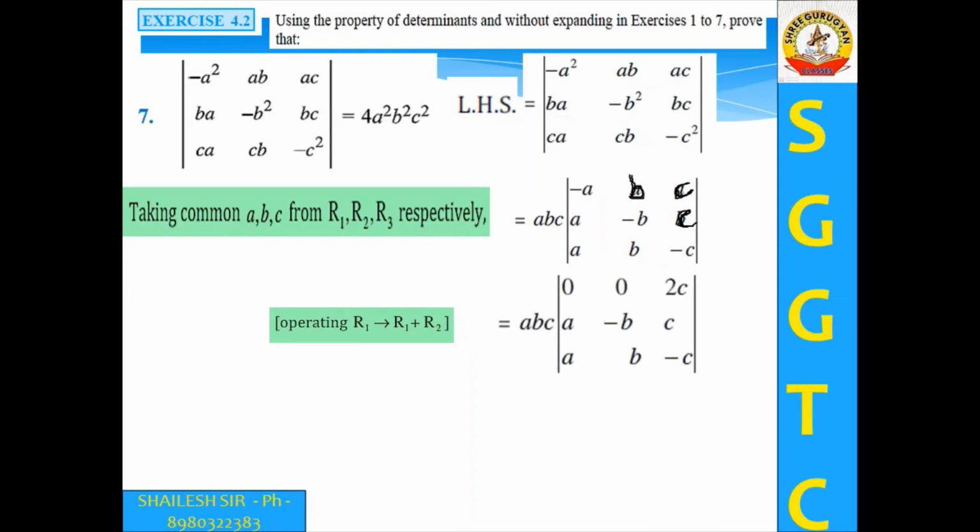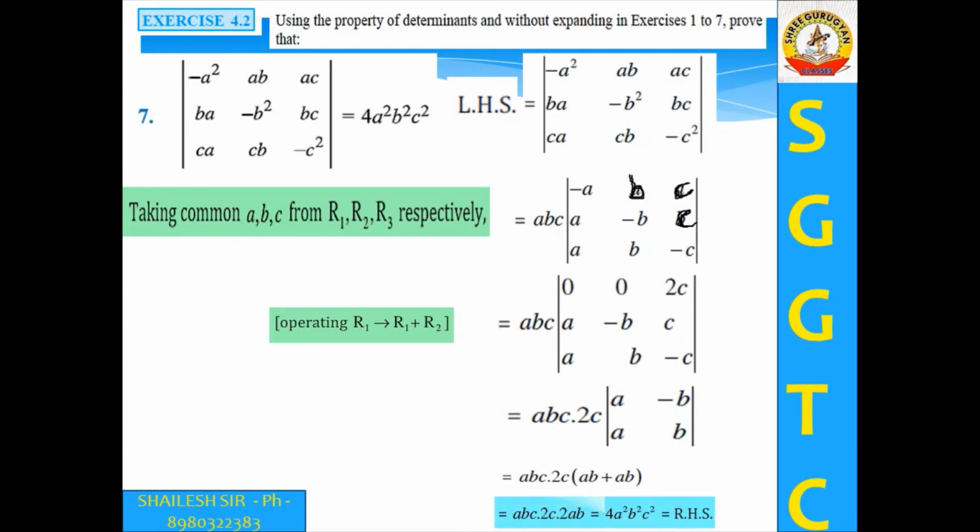In the LHS, take A, B, C common from R1, R2, R3 respectively. You are left with that, and again take ABC common column wise. So then you operate R1 plus R2, you get directly 0 answer. Two zeros and here twice C, and apply the simple solution by our definition.